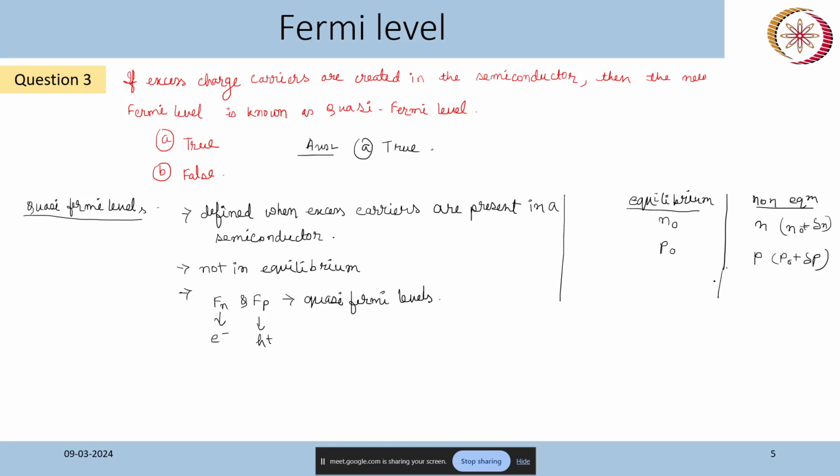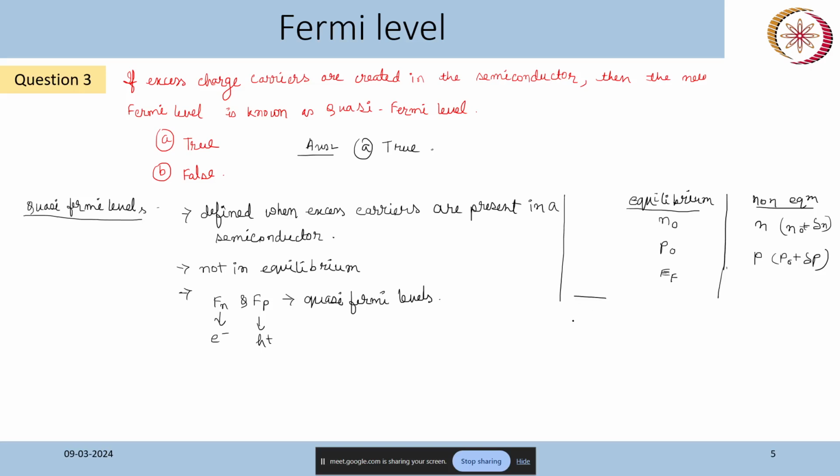In equilibrium, we define a single Fermi level EF for a material, and EF depends on the doping concentration. The location of EF with respect to EC or EV depends on the doping concentration.